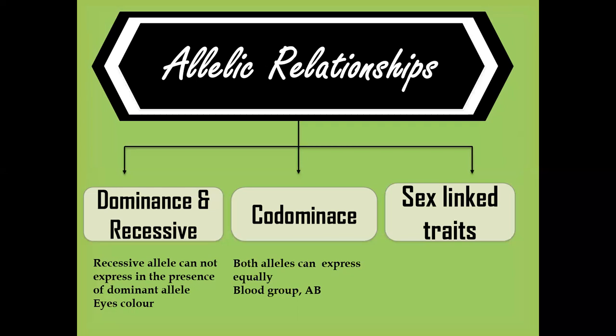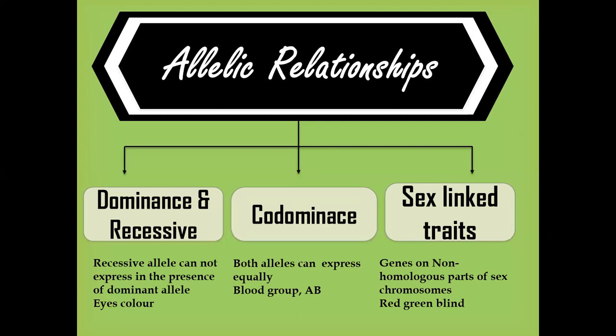A sex-linked trait is a specific kind of trait. As we studied about the sex chromosomes, X and Y, these sex chromosomes contain genes which have no alternative part. For example, genes on the non-homologous part of the sex chromosome. If you talk about the X chromosome, the genes which are located on the X chromosome are absent on the Y chromosome.